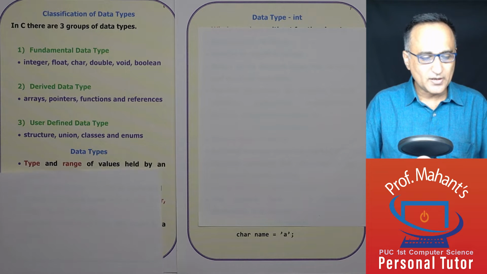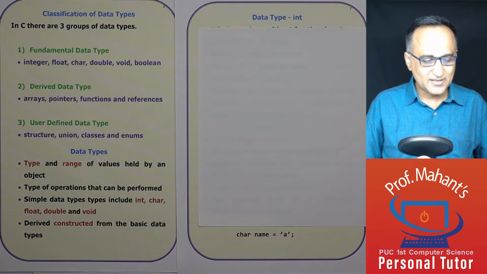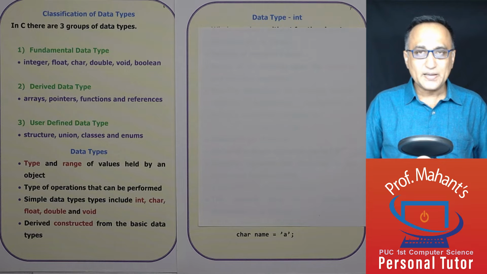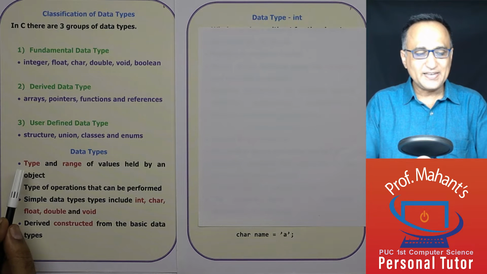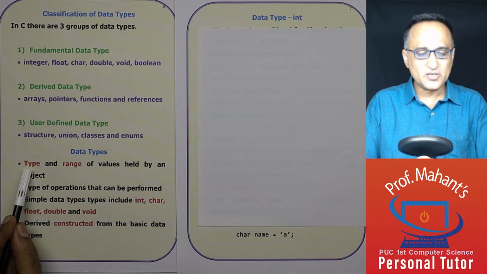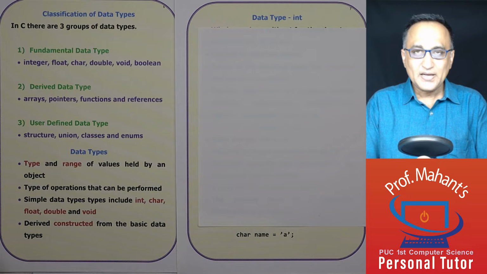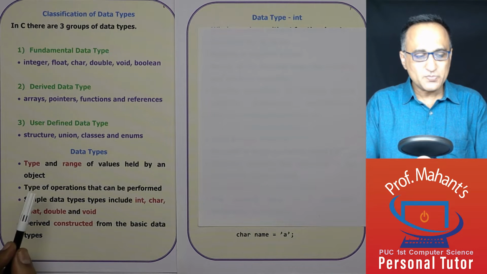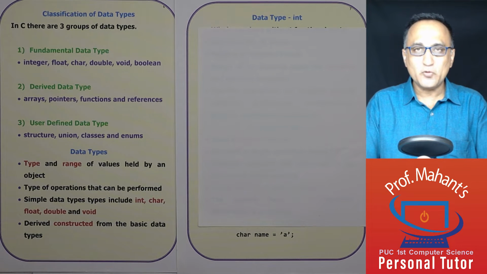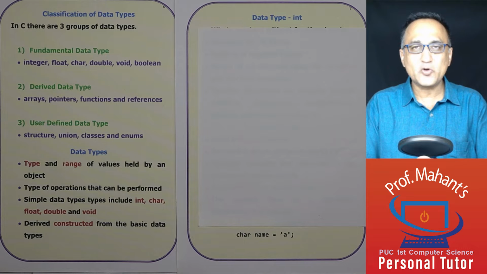Let's first take a look at what is data type. If I say int, it indicates that the variable is going to be an integer. And because I say int, its range is going to be some defined value. Also the type tells me what type of operations I can do. For example, I cannot add numbers to your name.